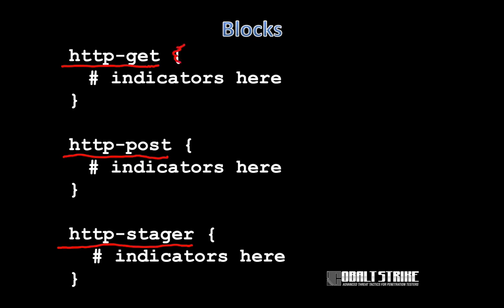So that's why we have blocks, is to allow you to easily group the indicators related to these aspects of what Beacon does. So for example, the HTTP GET block is how Beacon downloads its tasks.